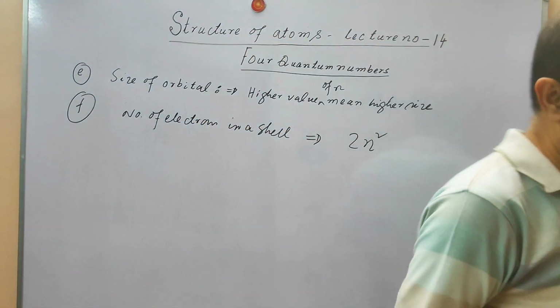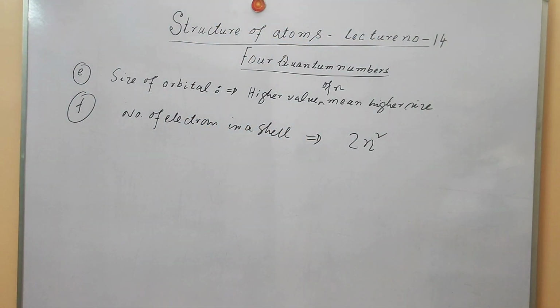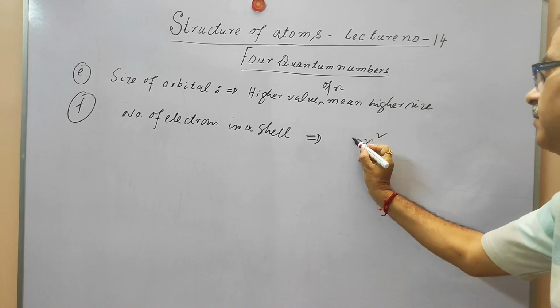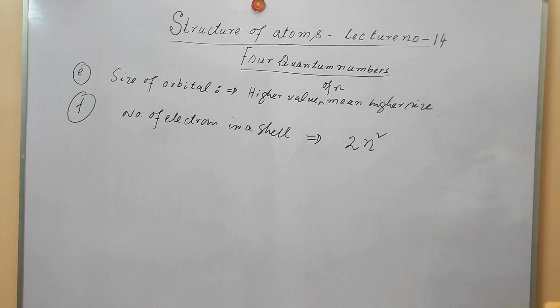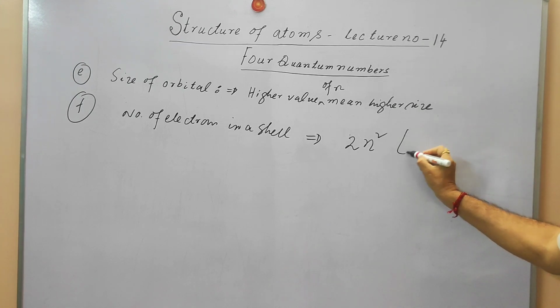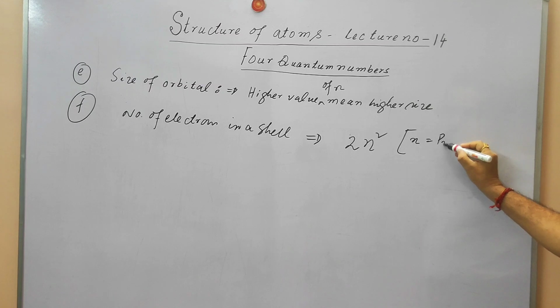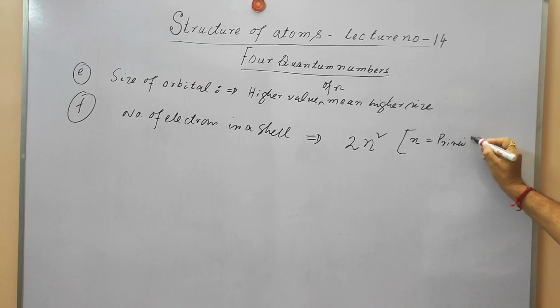Then we also get the number of electrons in a shell from the principal quantum number. It is given by 2n square, where n is the principal quantum number.